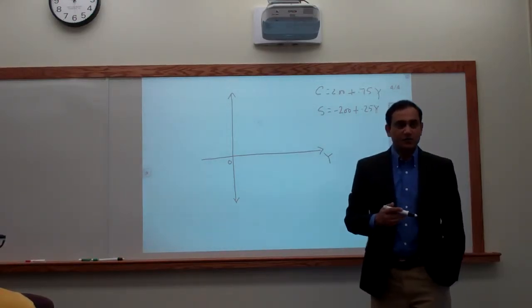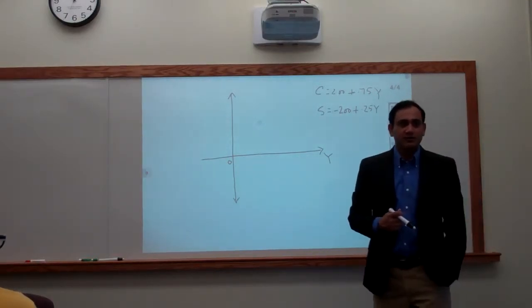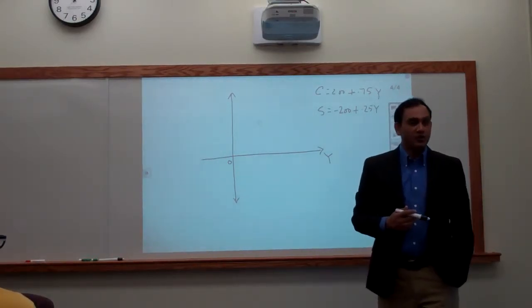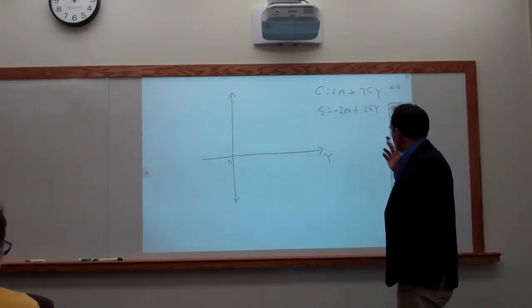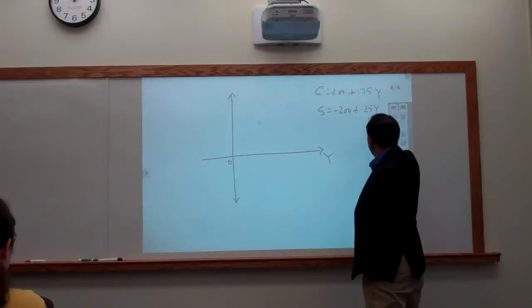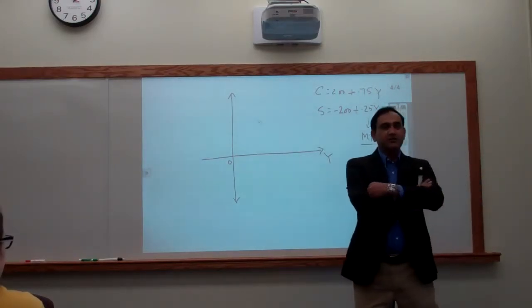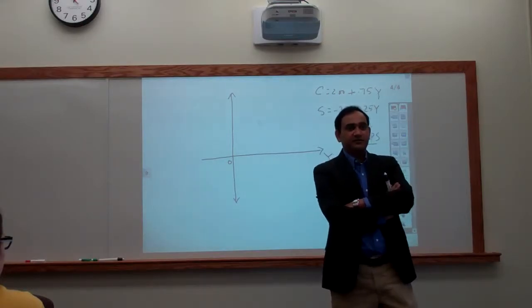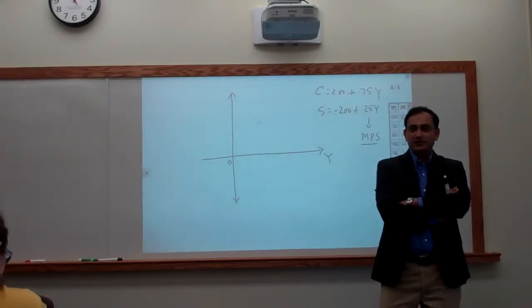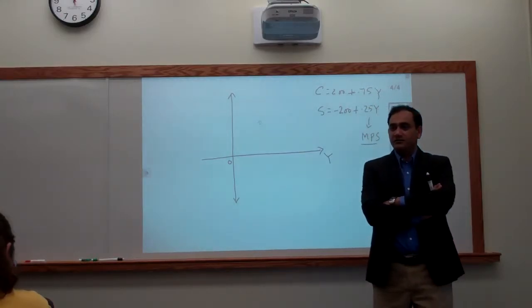The slope of the savings function is also known as MPS, marginal propensity to save. That's correct, isn't it? So 0.25 is your MPS. Can somebody define it for me? Who has the definition of MPS? Megan?